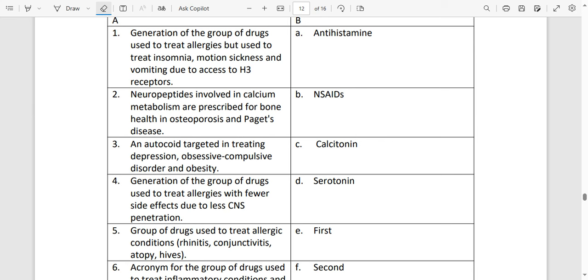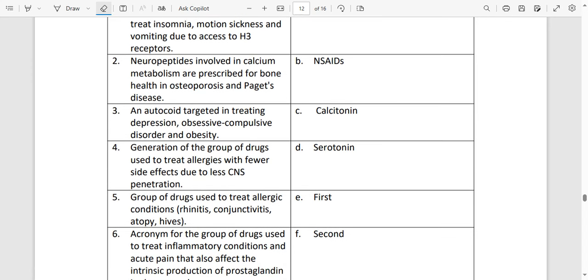Generation of the group of drugs used to treat allergies with fewer side effects due to less CNS penetration. How about this one? Remember, it's the same as the first one, but this one has got fewer side effects. So, what do you think? Thank you. The second generation antihistamines.